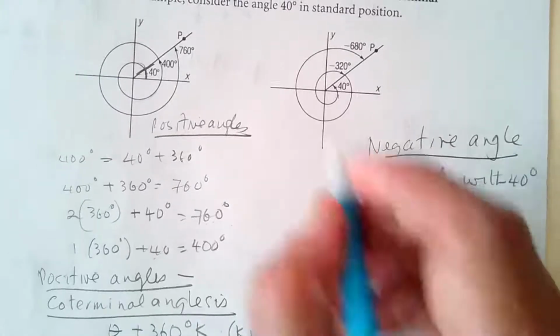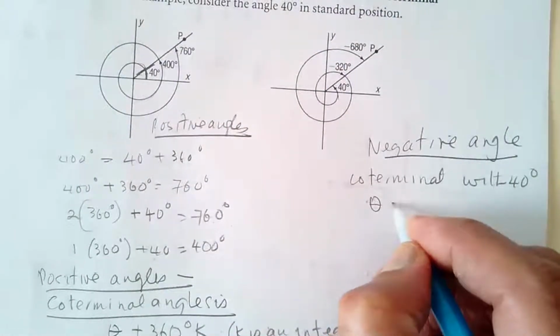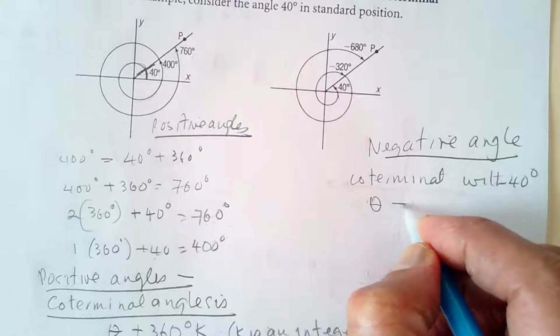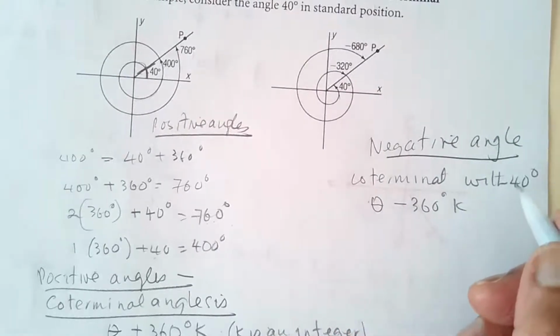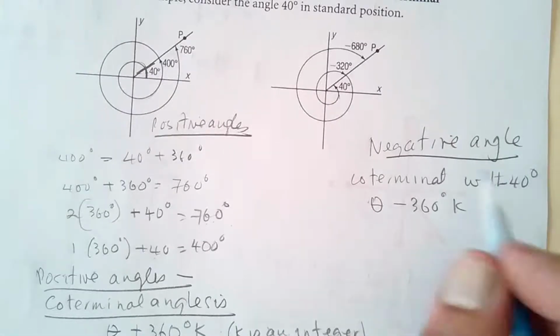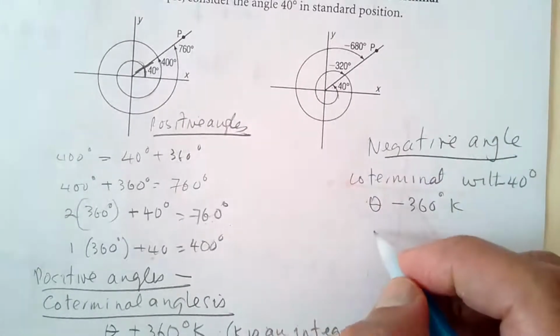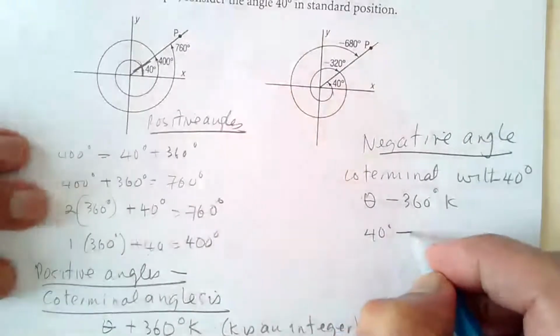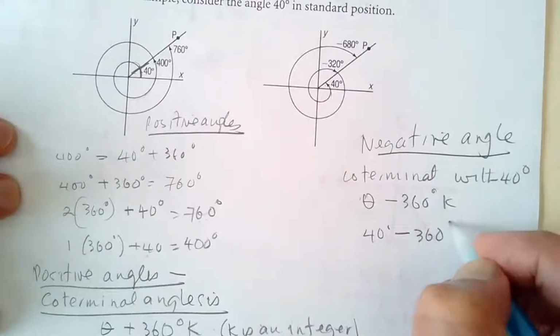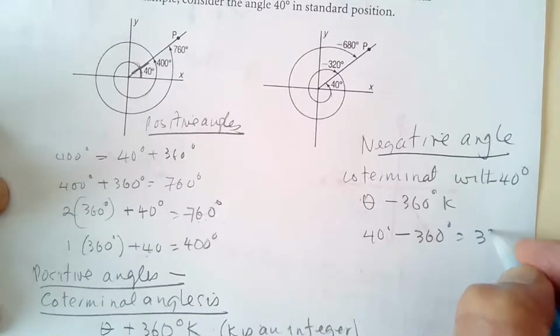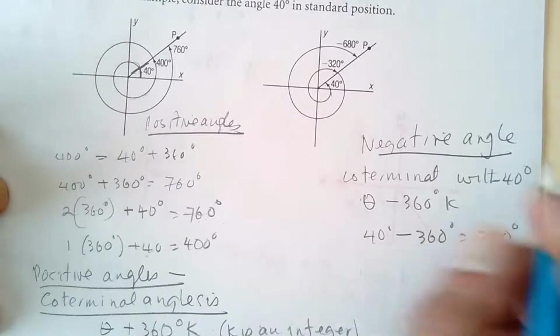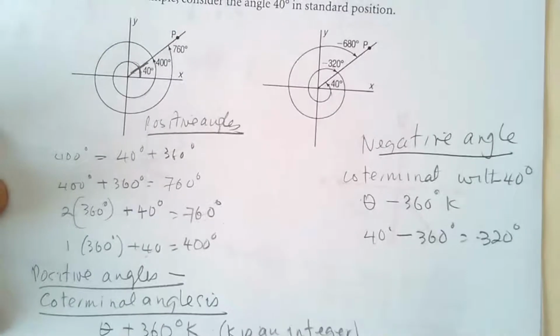If we use our formula, theta minus 360 degrees times k. So 40 degrees minus 360 gives me negative 320 degrees. That's how we get negative 320.